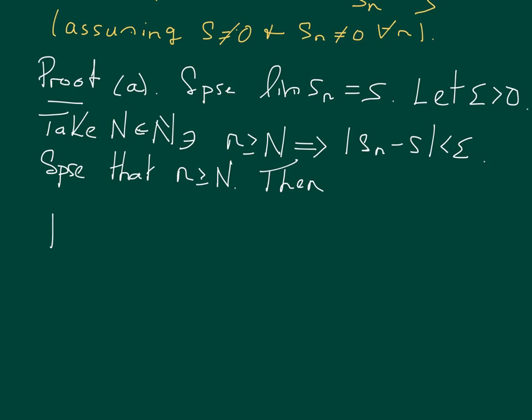The distance from the absolute value of S_n to the absolute value of S is, well, in fact, we proved an inequality in handout number 9 that said that if you have any complex numbers, like these ones, then the absolute value that we see here of the difference of absolute values is always less than or equal to this. All right, so the distance between the absolute values of two numbers is always less than or equal to the distance between the two numbers.